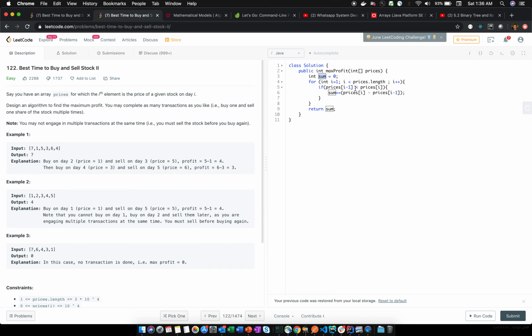If the previous price is lower, it means there is an increase in the price, so it's time to sell it with a profit.